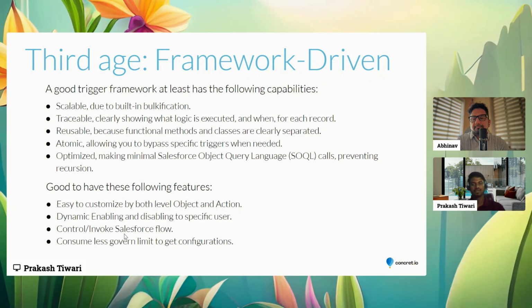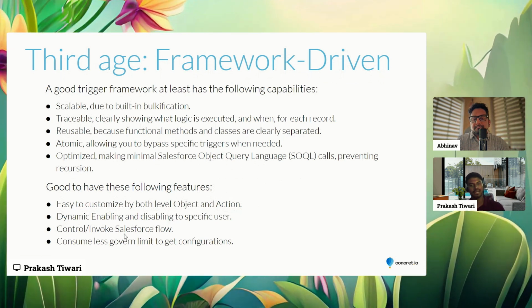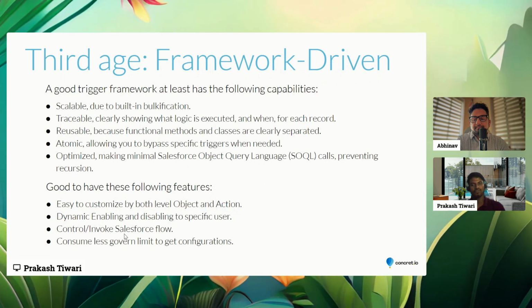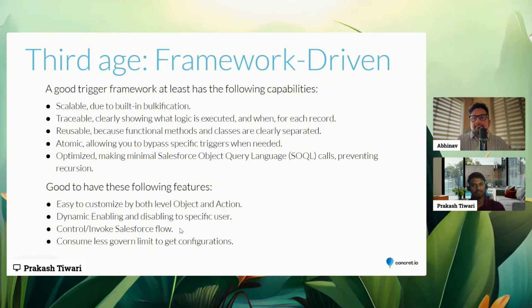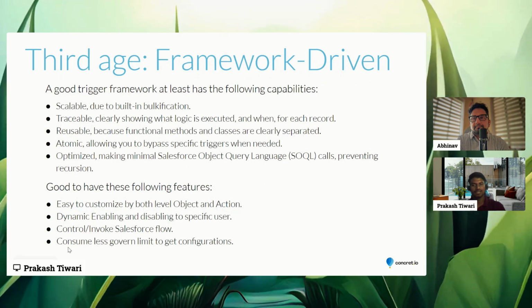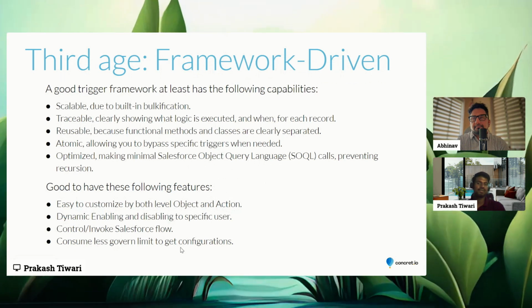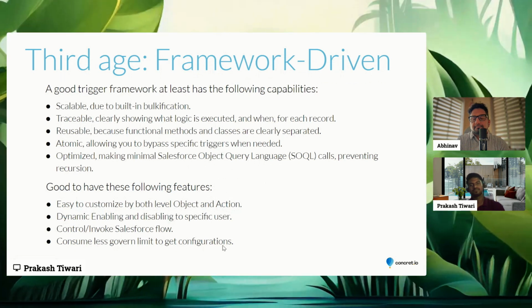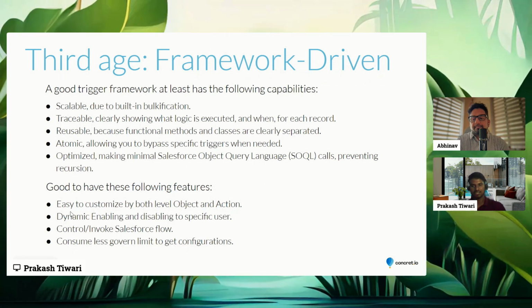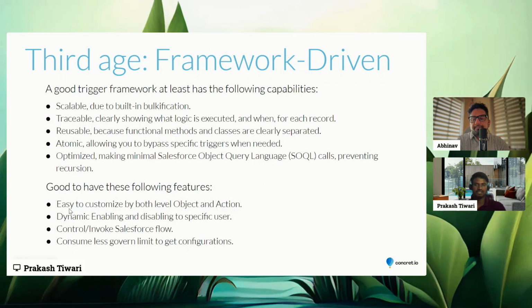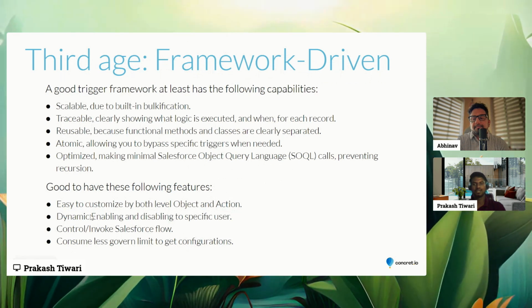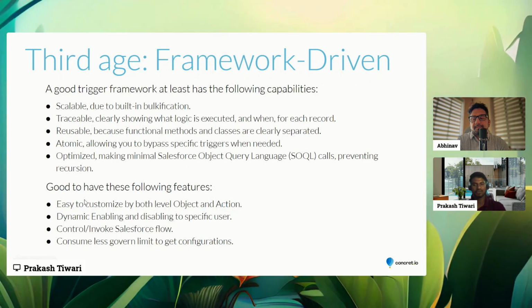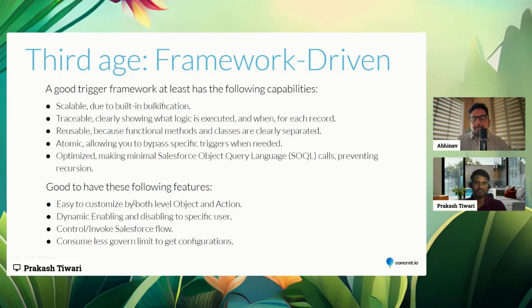Like to call the Lightning flow in the order of execution, how can the framework help in that way? Another thing is that it should consume less governor limit to get the configuration. So this is the main feature which is going to play an important role in picking a framework.